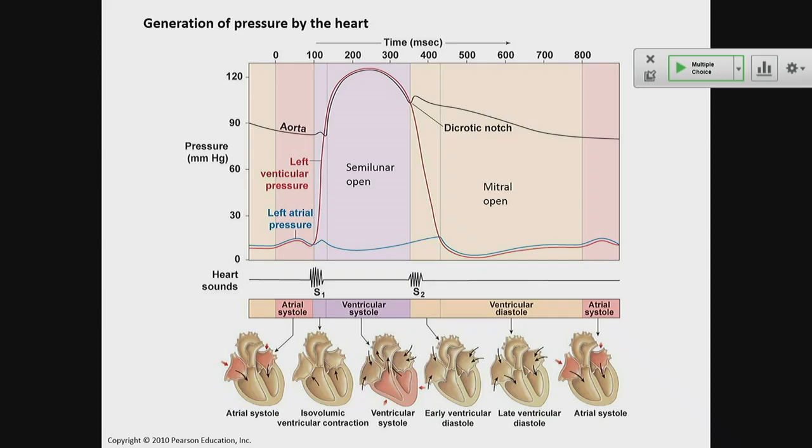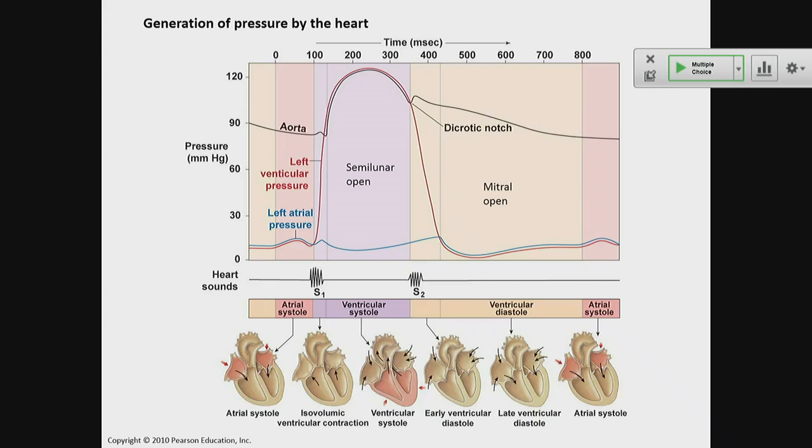One important fact here is that with that valve open, the aorta and the ventricle essentially become one continuous chamber.